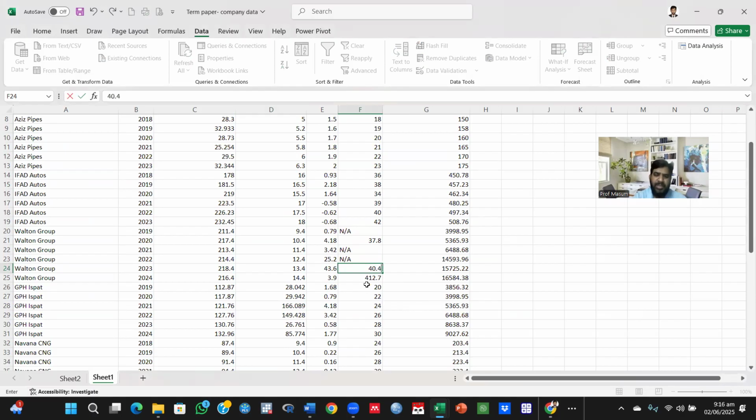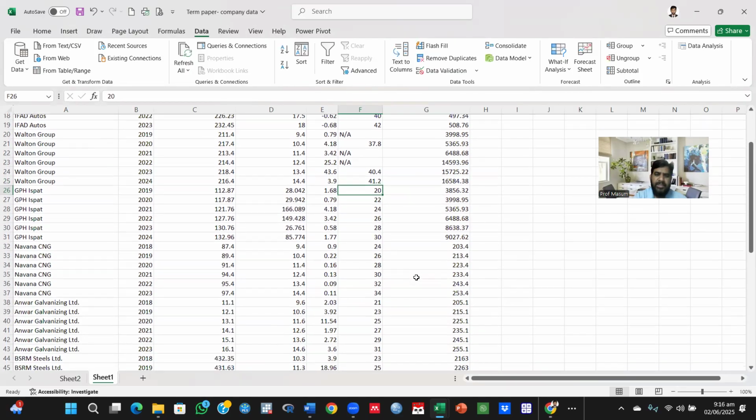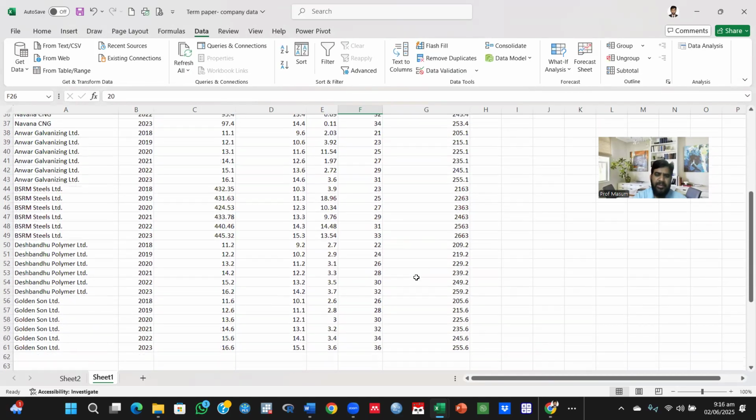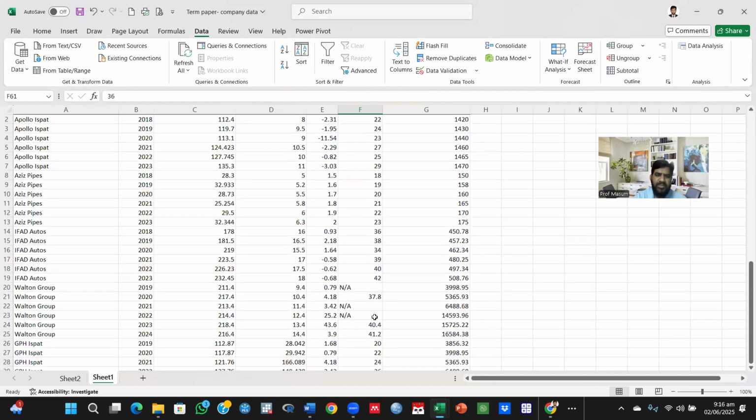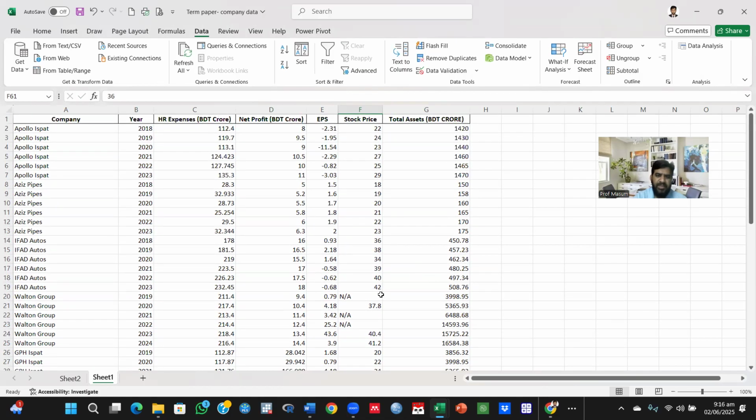It cannot be so irrelevant a stock price. So here you can use 42, 40, otherwise it will not work.